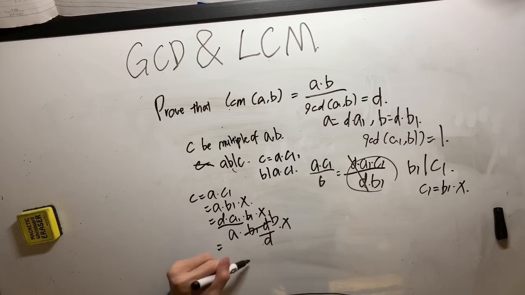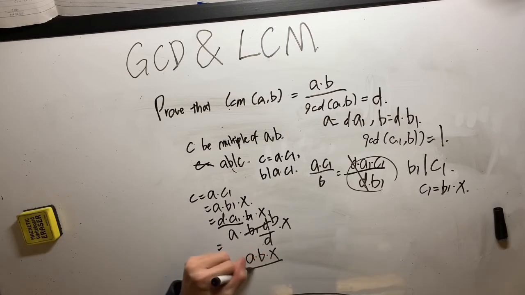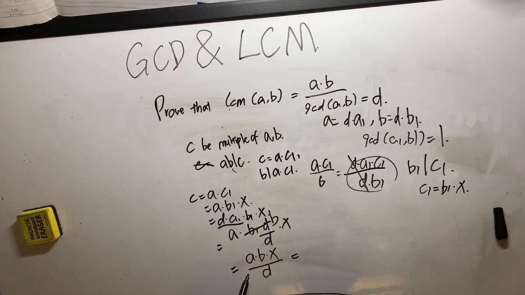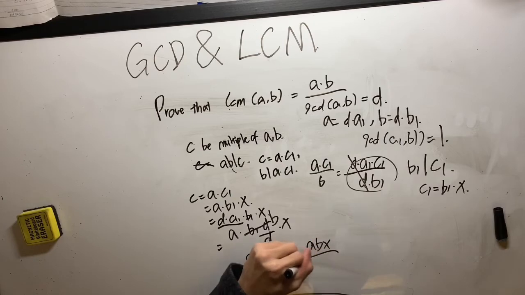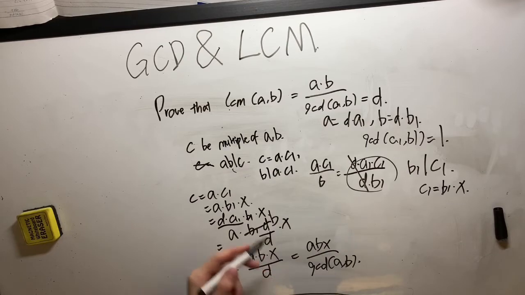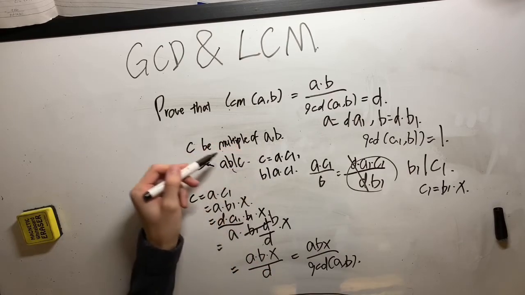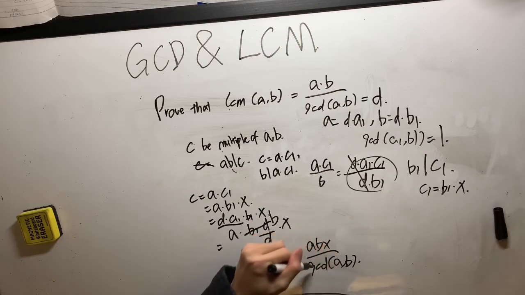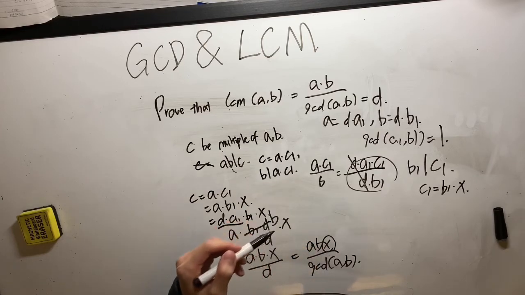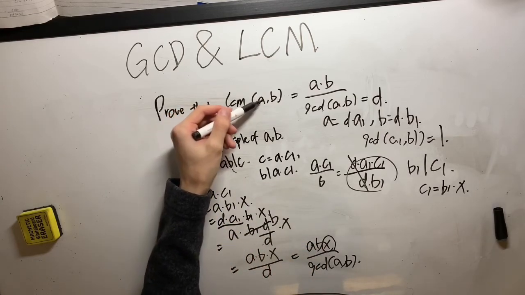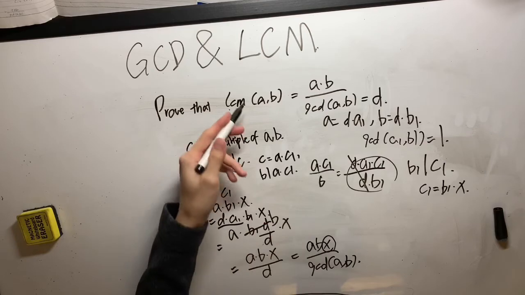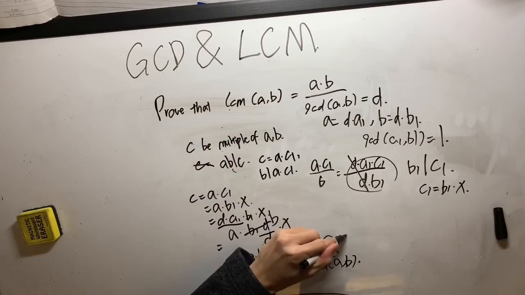So that equals A times B times X over D, where D is the GCD of A and B. So that equals ABX over GCD of A and B. So we can see that as a multiple of A and B, C has the form ABX over GCD of A and B. So the least common multiple of A and B is one of the multiples of A and B, and it is the least one, so X equals 1.